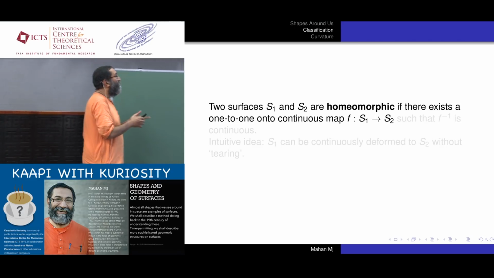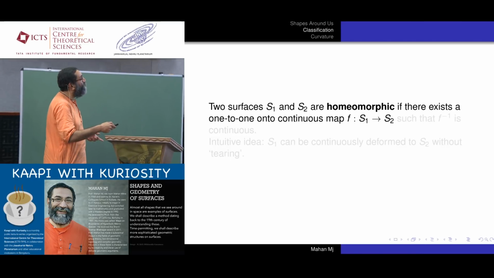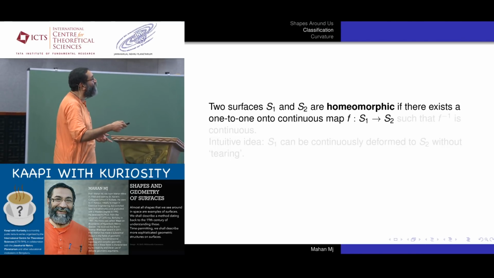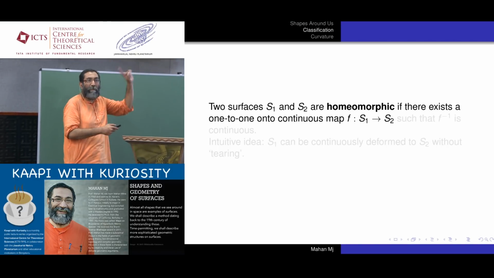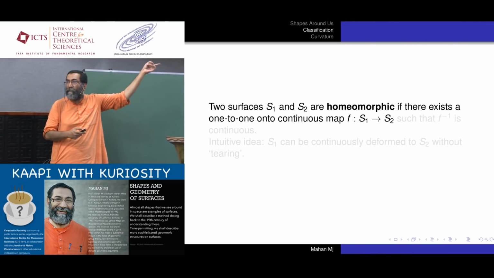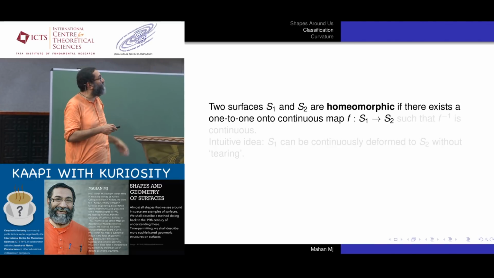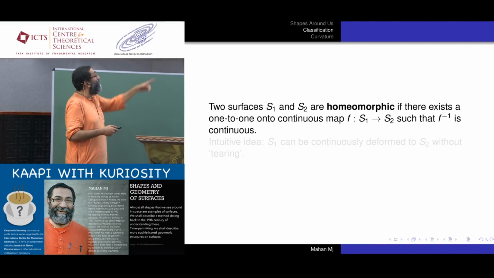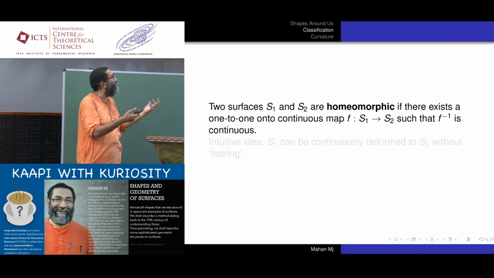Which means that there should be a bijective map. So every point on this first surface has to go to the second surface, and it has to come back by the inverse of this map. So that's setting up a one-to-one correspondence between the points, which respects the local structure of being two-dimensional, such that the local structure being two-dimensional is preserved by what are called, so tearing and gluing are not allowed.